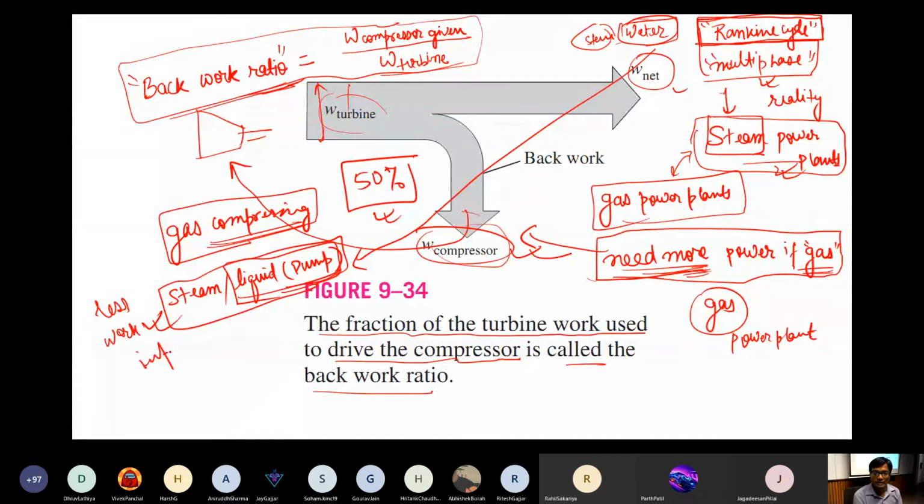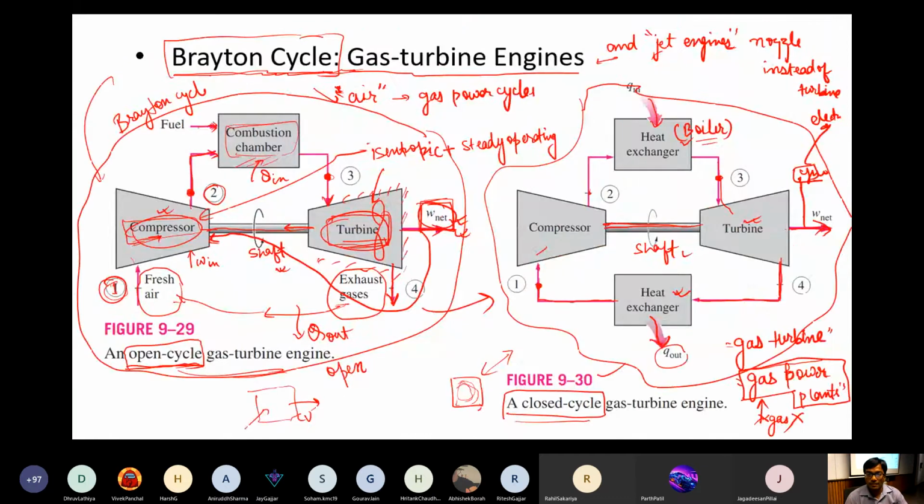So in general, it is more efficient than gas power plants. That is why gas power plants are not seen in reality. Steam power plants are widely used to generate electricity. This is also a good interview question they may ask whenever you sit in a competitive exam or somewhere.